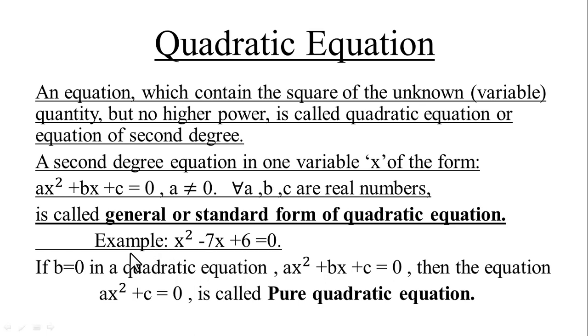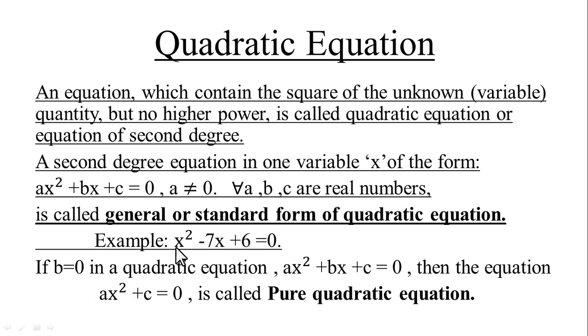Now, for example, x square minus 7x plus 6 is equal to 0 is called a general quadratic equation or standard form of quadratic equation, also called a second degree equation.